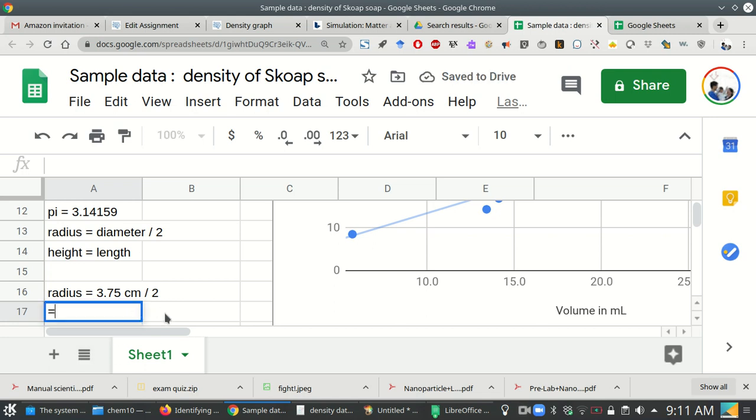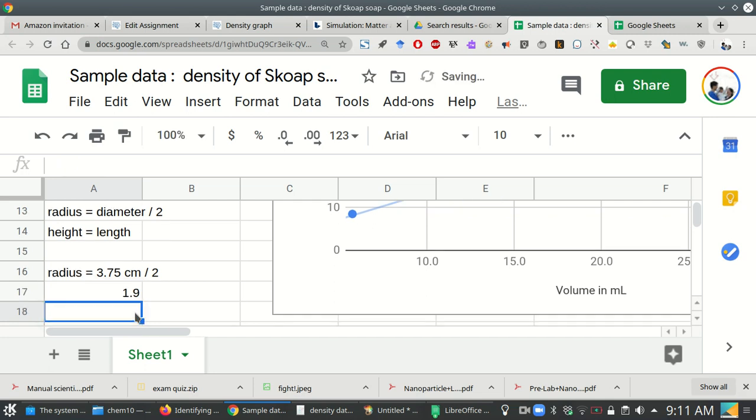If you just type an equal sign as the first thing you type in one of these boxes, you can do a little math problem, and the software will do the calculation for you. So the answer is 1.9, but that's not the answer that you would write down. The radius in this case would be 1.90 centimeters because of significant figures. We don't count significant figures in the 2 because that is not a measurement. We count the significant figures in the measurement only.